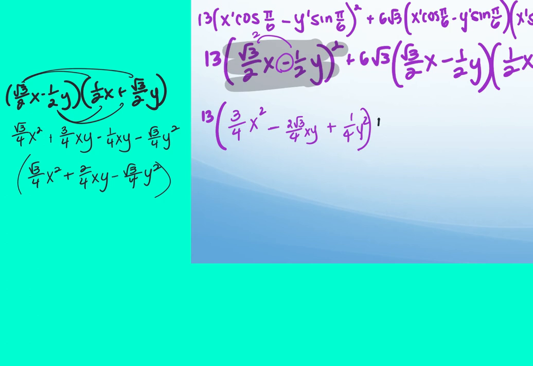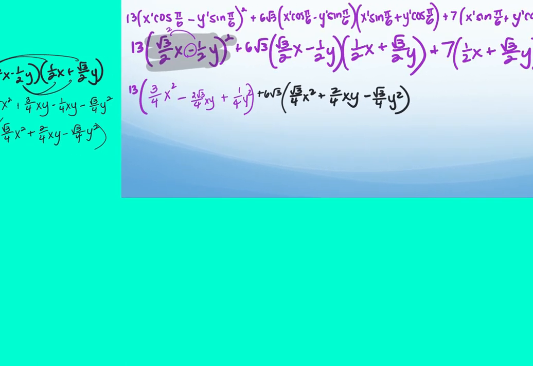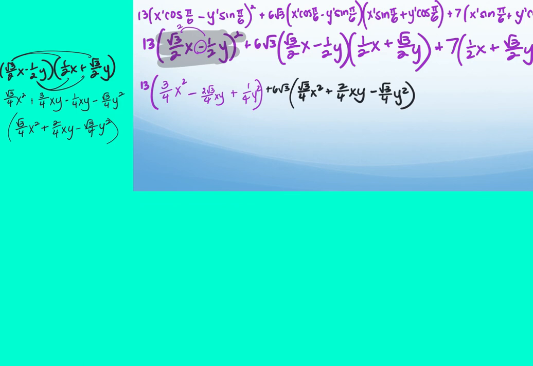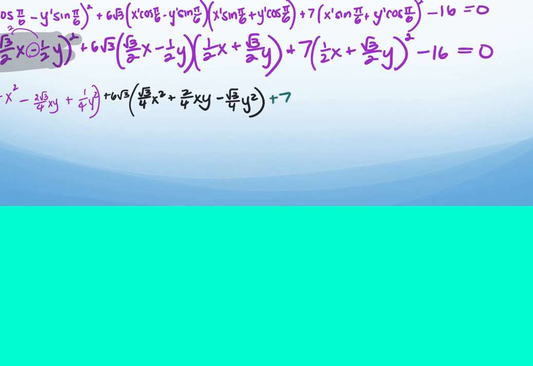So this becomes plus 6 root 3 times root 3 over 4x squared plus 2/4 xy minus root 3 over 4y squared. And then I get to use the special product on the last one because it's squared. So the plus 7 stays.